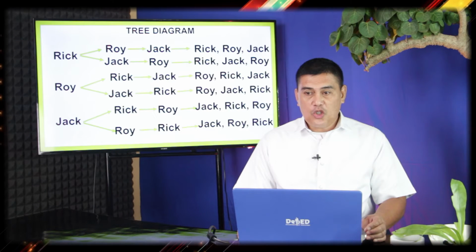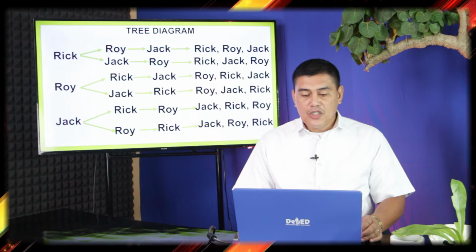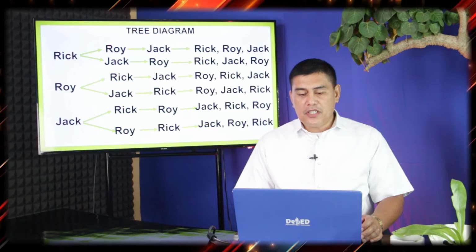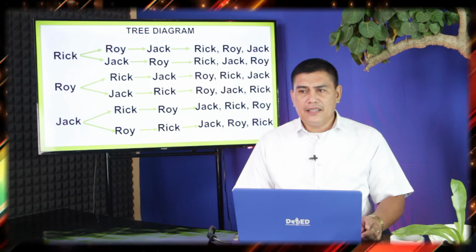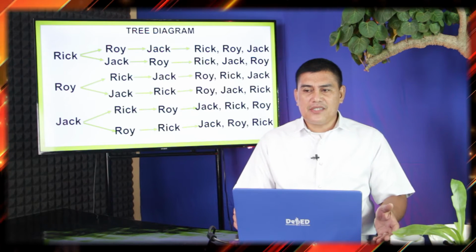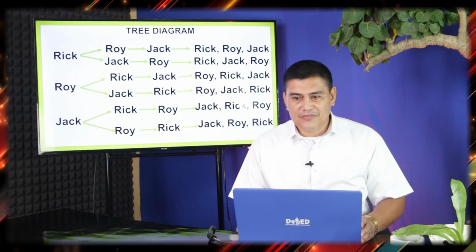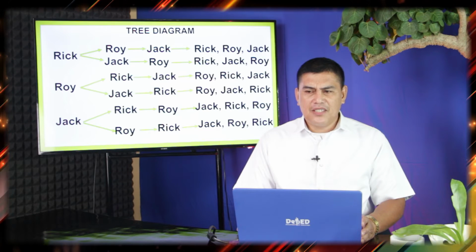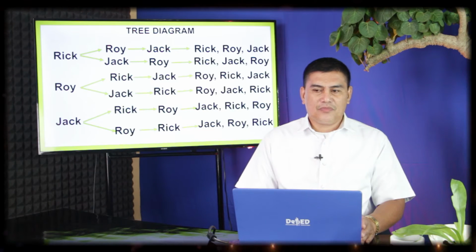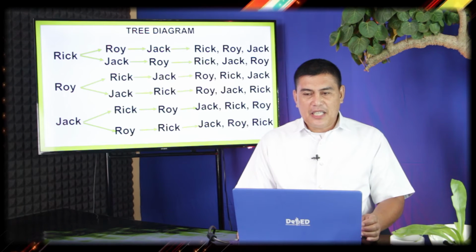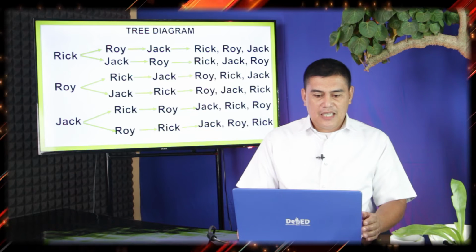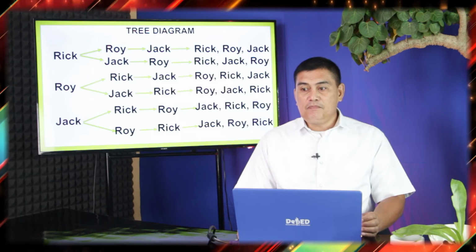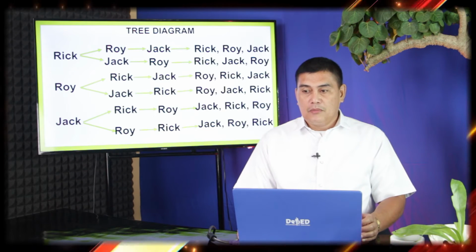So, 3, 2, 1. So, kung bibilangin natin, ang possible arrangement is 6. 3, 2, 1, then 6. What is their relation? Ano kaya? Yes, the 3 possible arrangement in each position are being multiplied.